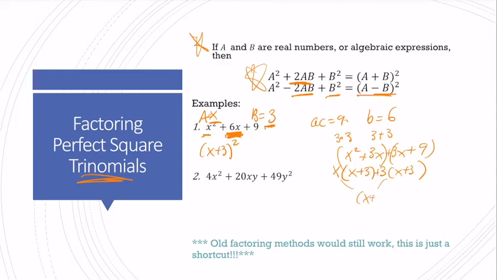So we collect our greatest common factors. I've got x plus 3 times my binomial, and I can write that as x plus 3 squared. So when in doubt, find the factors of AC that add up to b. This is a shortcut, but I prefer doing it this way.